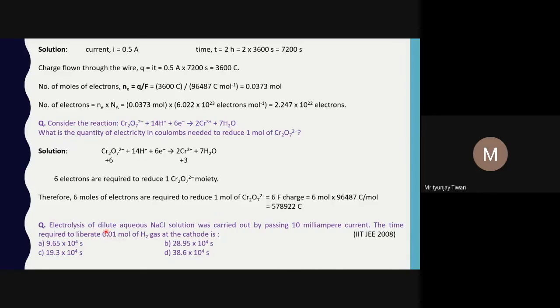So if 0.01 mole of hydrogen is liberated, how many equivalents of hydrogen is that? 0.01 into 2 means 0.02 equivalents of hydrogen.